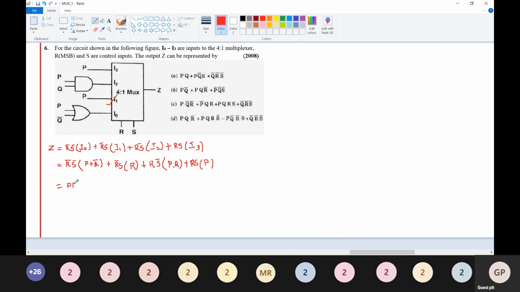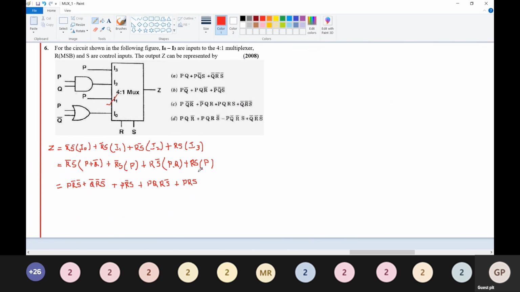So in order: P R dash S dash plus Q dash R dash S dash plus I1 value is P, which is written as P R dash S plus P into Q into R S dash plus P R S. Okay. So this is the Boolean expression.